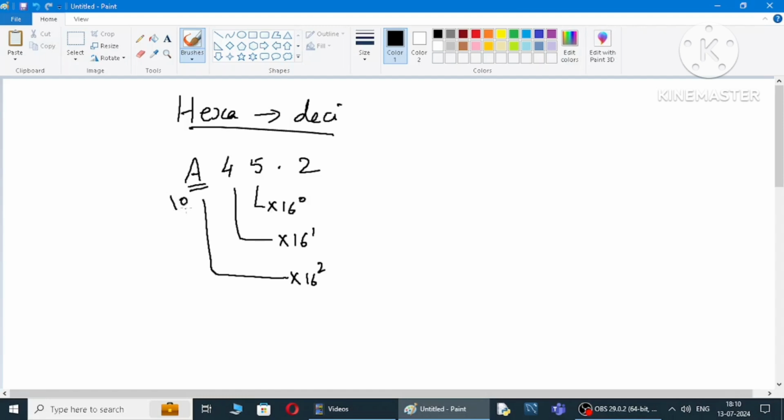So A stands for 10. So 16 power 0 is 1, so 5 into 1 is 5. 16 power 1 is 16, into 4 is 64. 16 power 2 is 256, 16 into 16 is 256, into 10 gives you 2560.